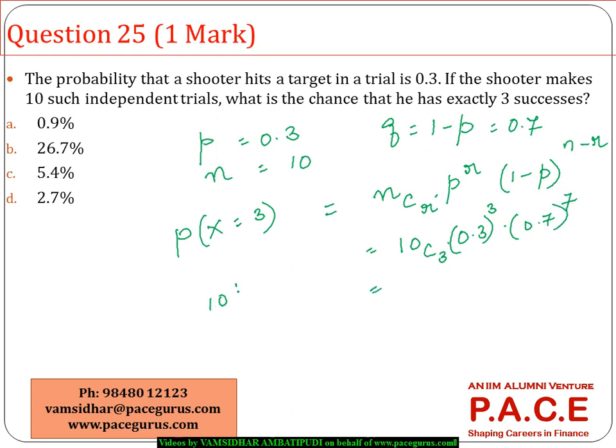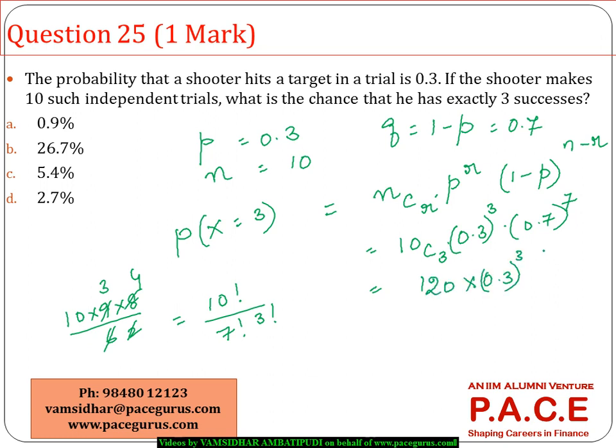10 factorial by 7 factorial into 3 factorial is what 10C3 will work out to. So working out again, 10 into 9 into 8 divided by 3 factorial, which is 6. So simplifying it becomes 120. So this becomes 120 into 0.3 to the power 3 into 0.7 to the power 7.